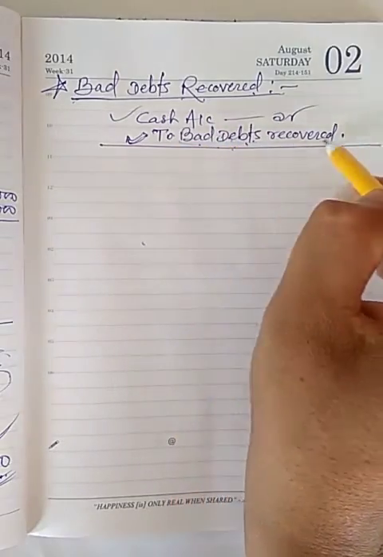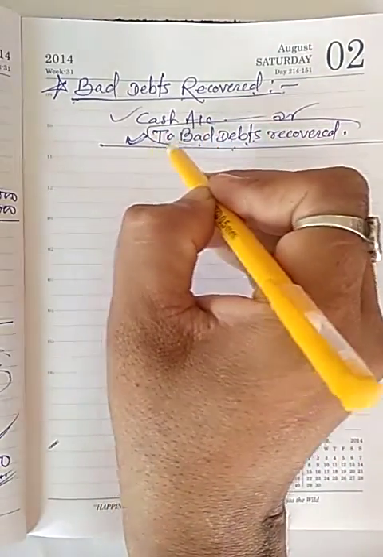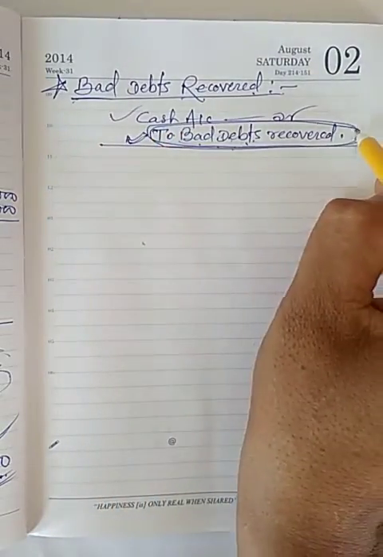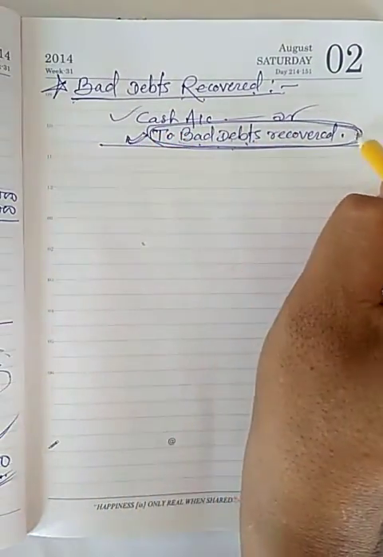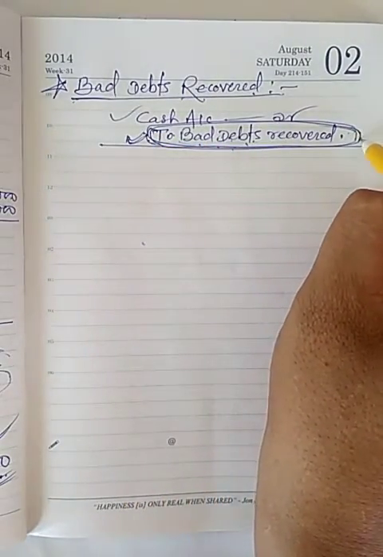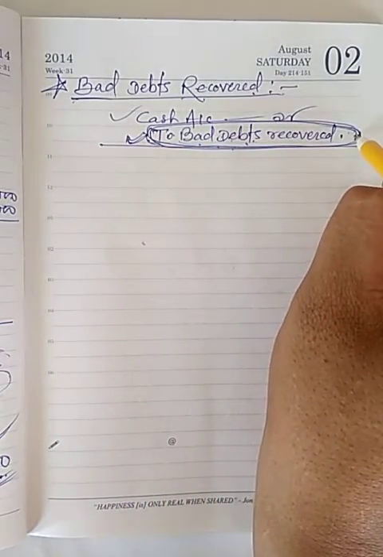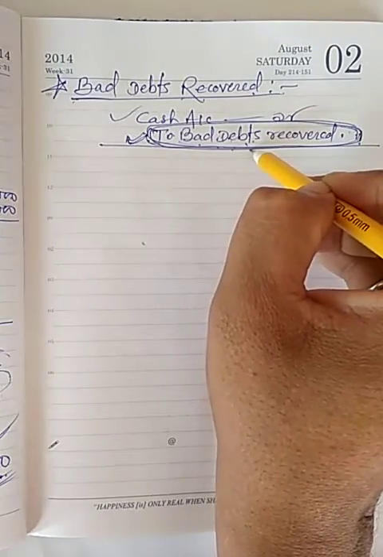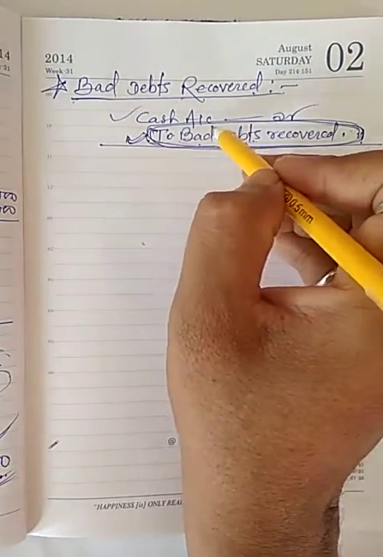So this will be treated as our income. This is sudden income for the business. No one knew that it would be recovered.